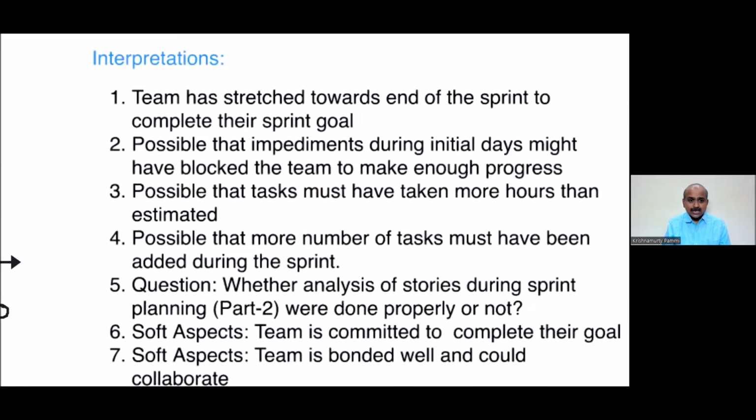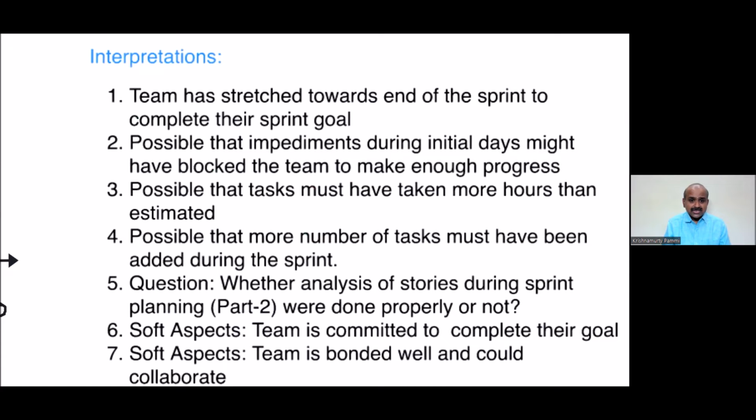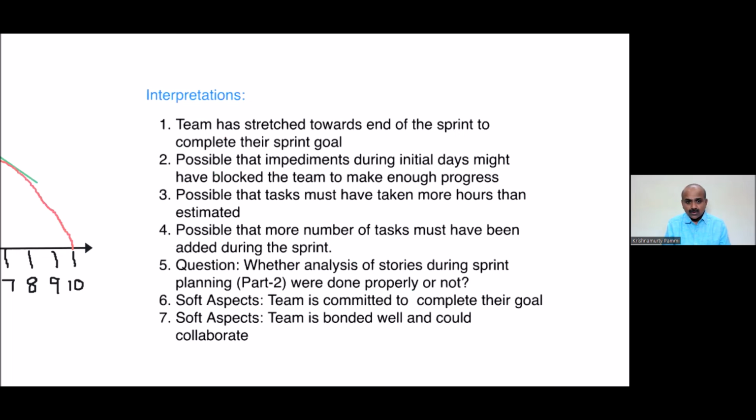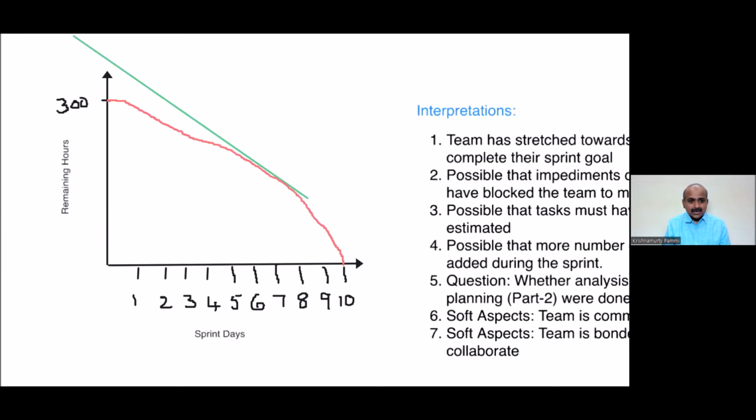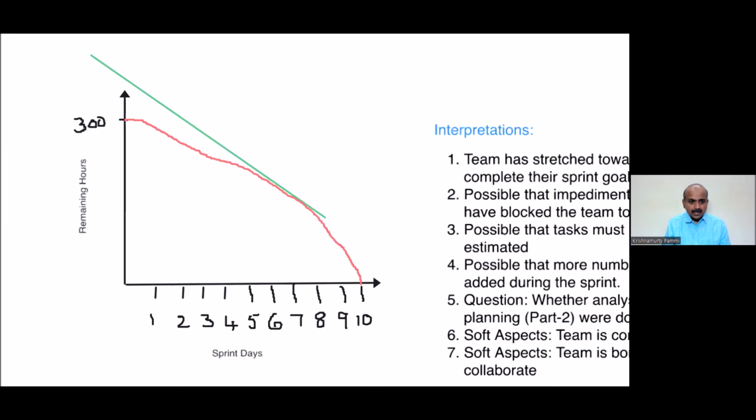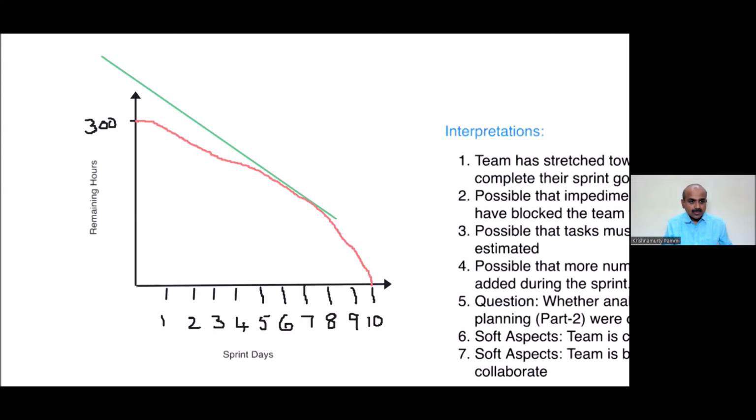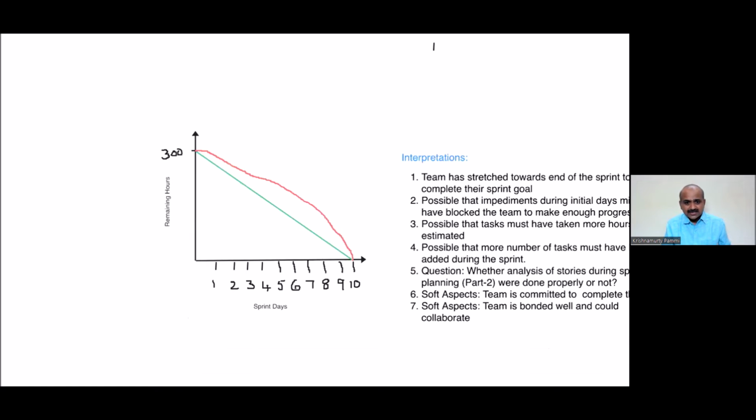The second thing is, it is possible that impediments during the initial days might have blocked the team from making enough progress. See friends, what I'm telling, in the initial days, the impediments are more.